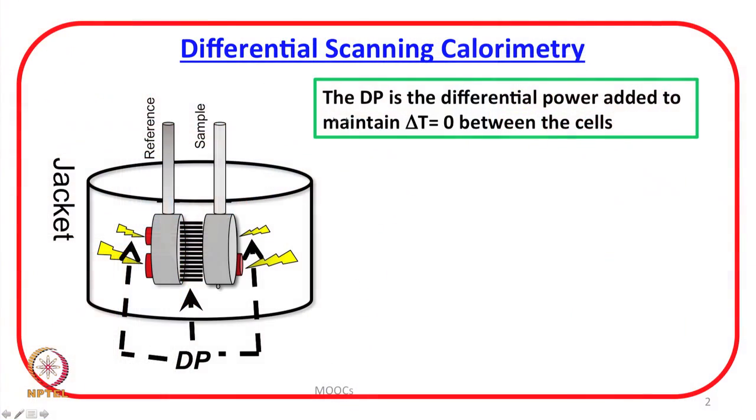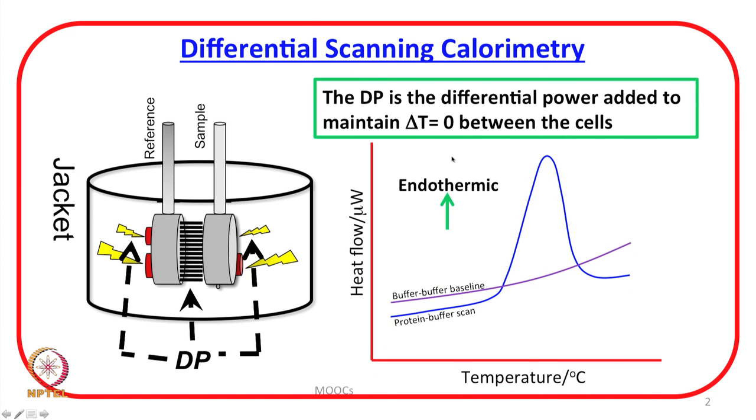And then we talked about how what is measured is the differential power added to maintain delta T zero between the cells, and we went on to discuss that when the protein sample is heated, we get a transition.